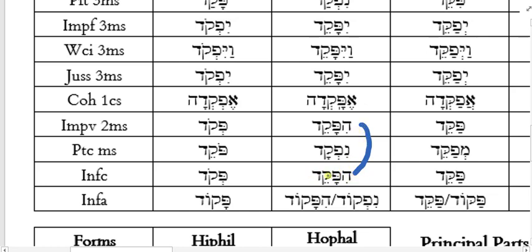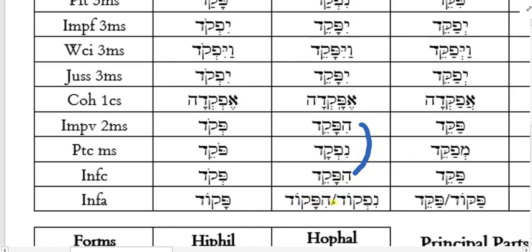Okay? And just as with the Qal infinitive construct, I could add pronominal suffixes to the end. I could also add prepositions to the beginning. So if I added a bet preposition, it would be something like when he was appointed. If I added a lamed preposition, it would be something like in order to be appointed, and so forth.